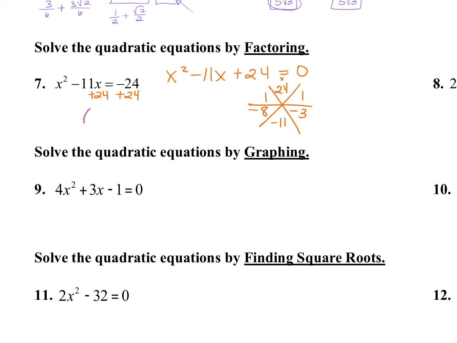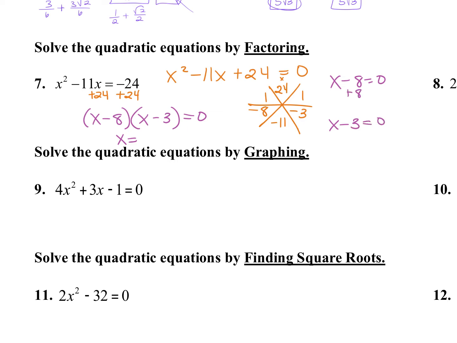Okay, now here's the problem with these. A lot of times people get to this point, x minus 8 and x minus 3, and they call that their answer. But remember, we're solving quadratics now. We want to know what x equals. So if this whole thing equals 0, then what are our x values? 8 and 3. Essentially what you're saying is x minus 8 equals 0, solve that, and x minus 3 equals 0, solve that.